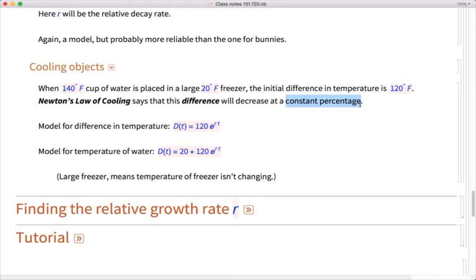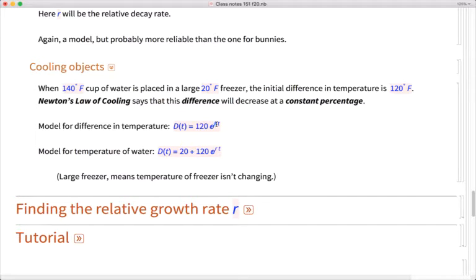When something is changing by a constant percentage, that's the cue that the formula for that quantity is going to be given by this formula. So this is our model for the difference in temperature, the difference between the cup and the freezer. That's the initial difference. E, of course, is 2.7.